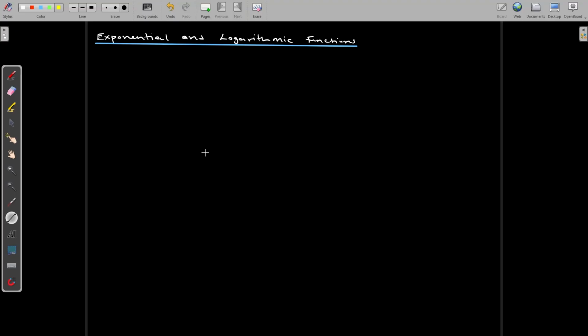A logarithmic function, we know that this is represented as y is equal to log base a of x, while an exponential function is just x is equal to a to the y.